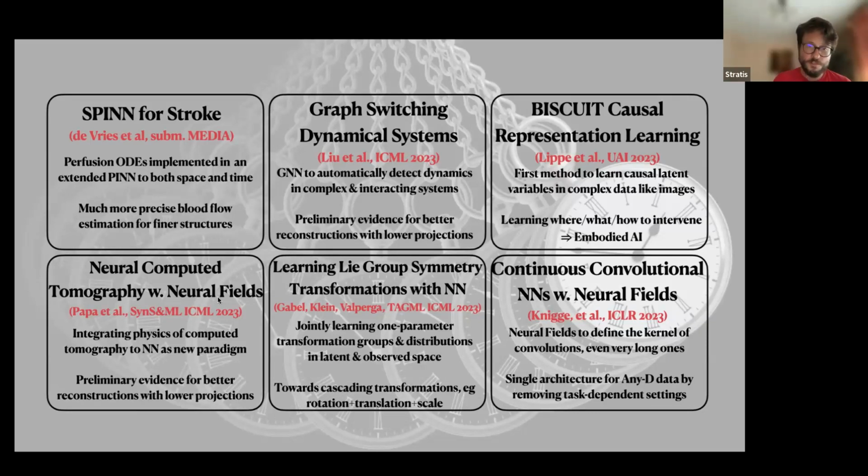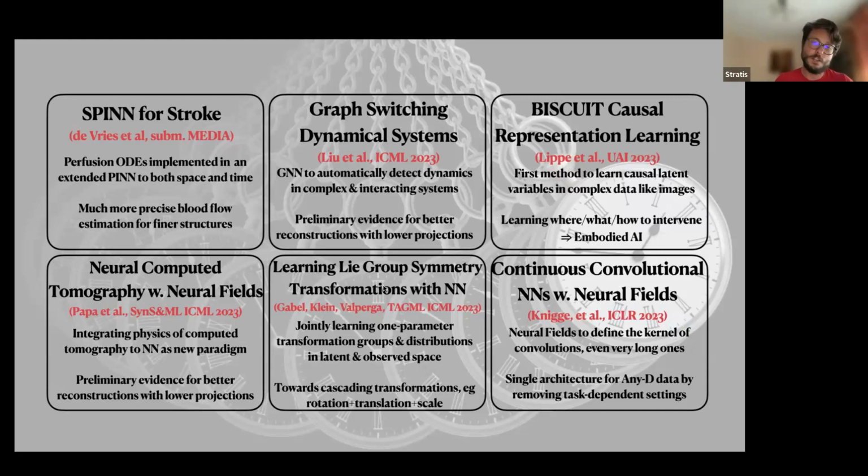Neural computed tomography with neural fields. I think that's particularly interesting, because neural fields are basically similar to physics-informed neural networks, save for the fact that they don't really use an explicit physical regularization. We show that integrating the physics of computed tomography into the neural network also has very important benefits in terms of reconstructions, so less radiation to the patient.